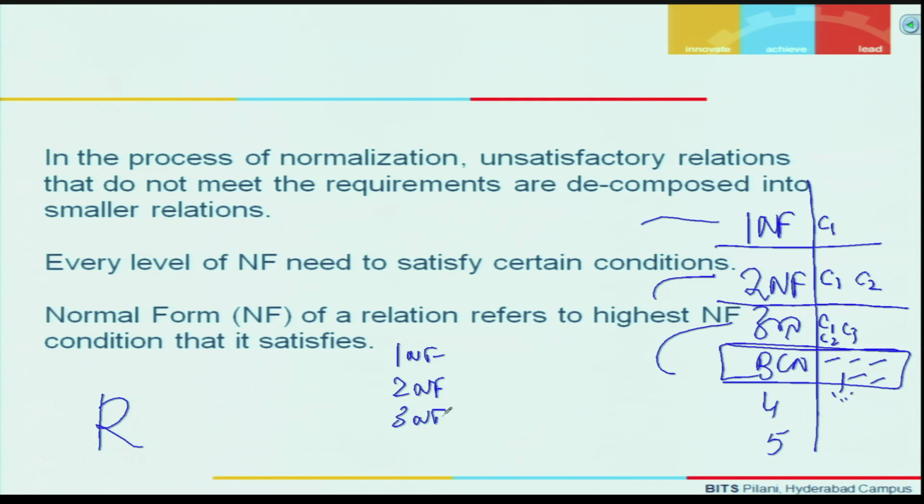Suppose there is a relation R and it satisfies the first, second and third normal form conditions. It does not satisfy the BCNF conditions or fourth and fifth, then the highest normal form satisfied is the third normal form. Then I can say that my relation schema is in third normal form.